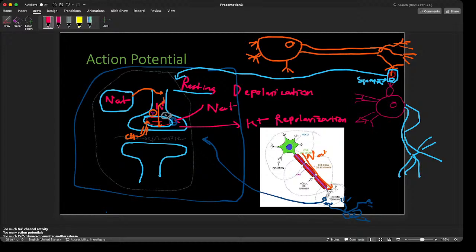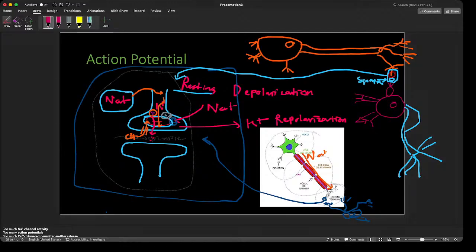And then it's going to trigger a release of these glutamate, for example, particles from the vesicles, and it's going to come right out into the synapse.